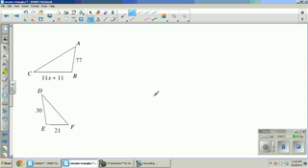Let's try this one. Sometimes you're going to have an equation on one side. So we have to look at this again. We'll call this triangle ABC. It's similar to this triangle. I'm letting you know these are similar, but you have to see how. This longest side is with this side right here.